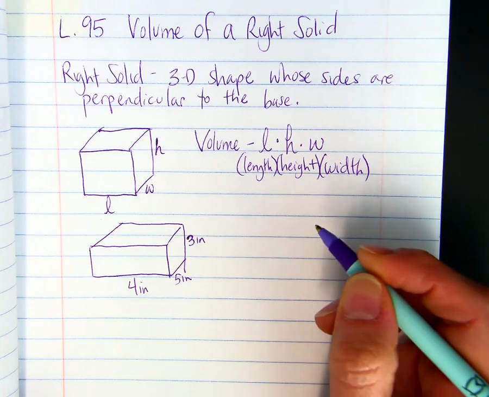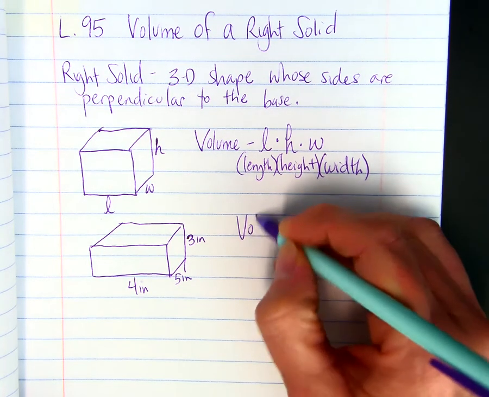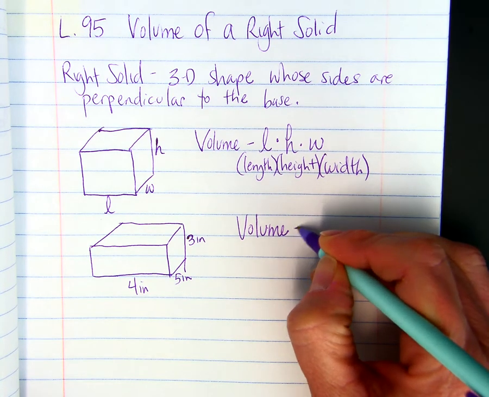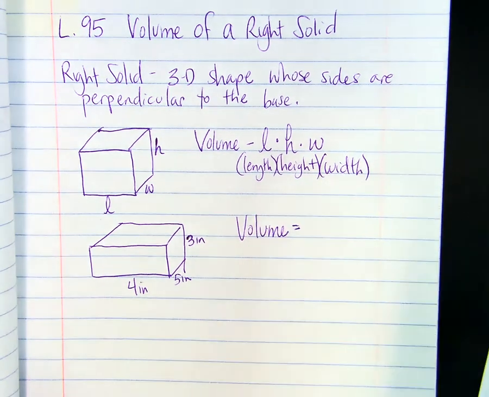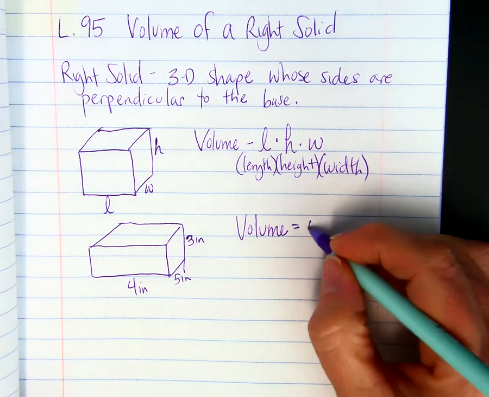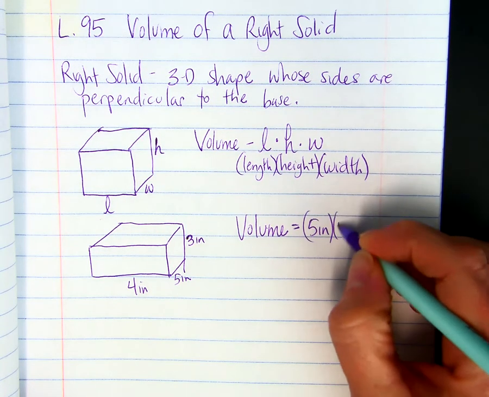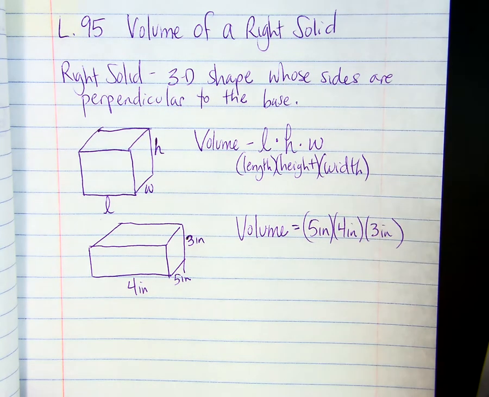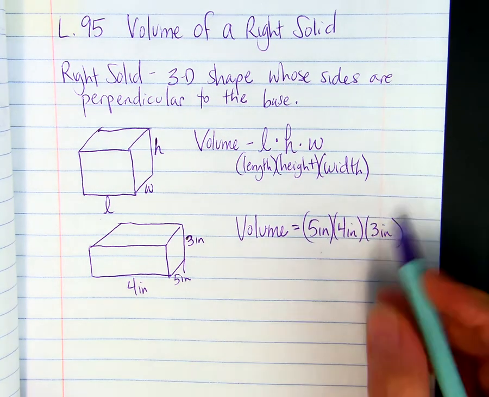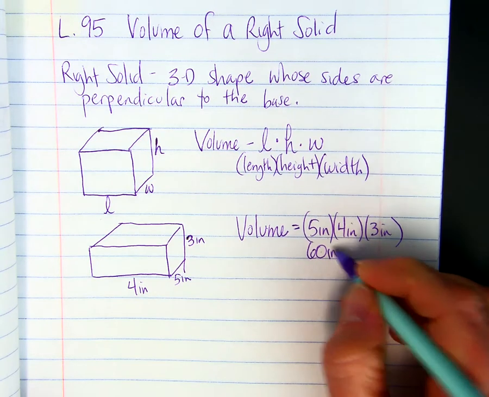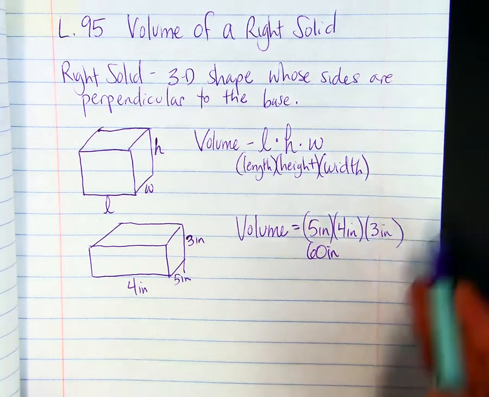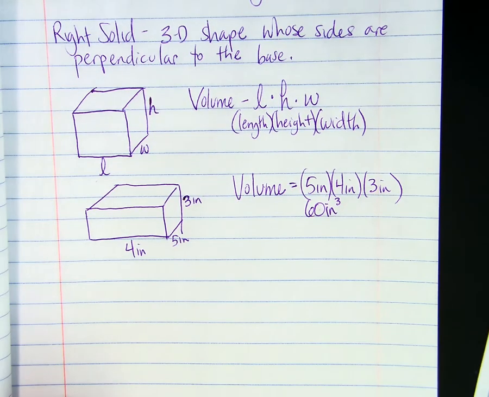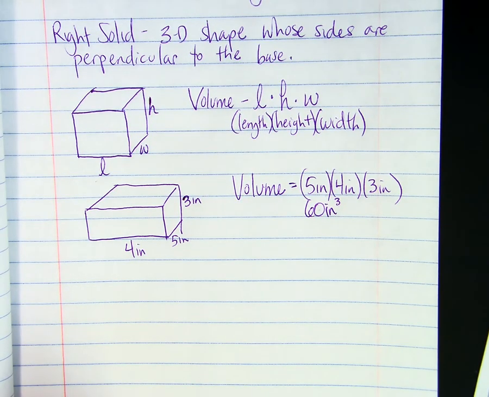Okay, so to find the volume, we would do 5 inches times 4 inches times 3 inches, which is 20 times 3, or 60, and then we have inch times inch times inch, which is inches cubed. So the volume here is 60 inches cubed.